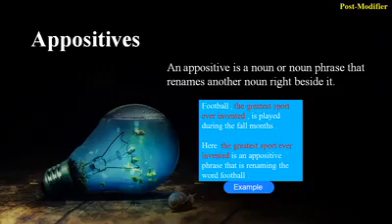Football, the greatest sport ever invented, is played during the fall months. Here you see, football is a noun. The greatest sport ever invented is also in noun form. Here, the greatest sport ever invented renames the word football.